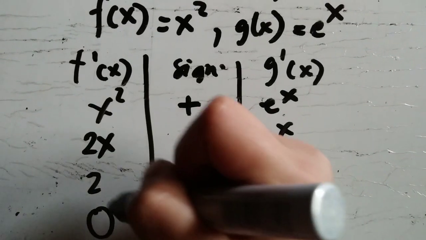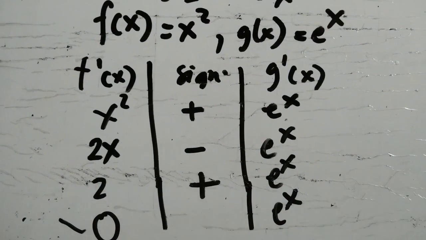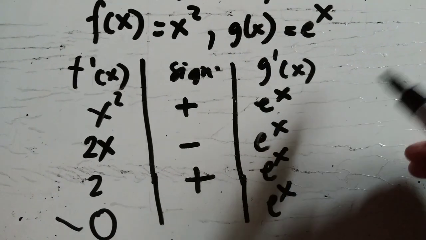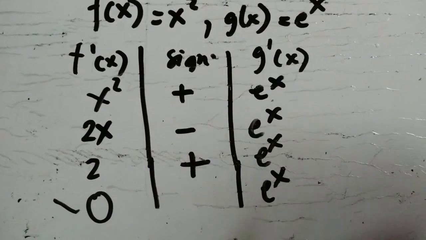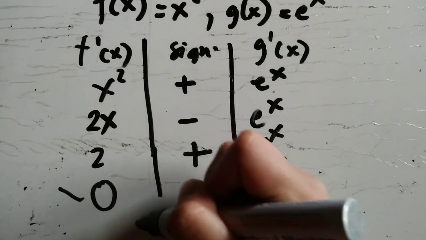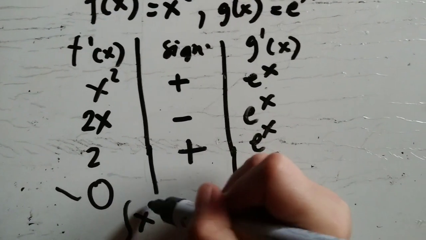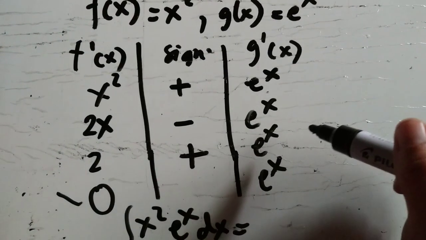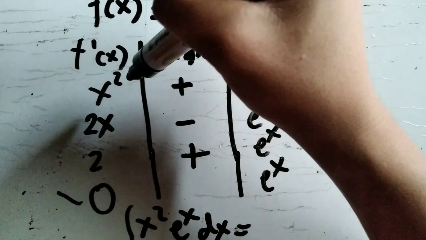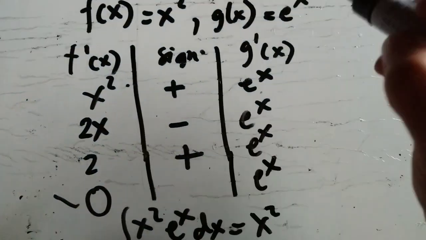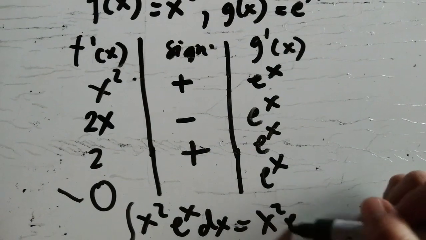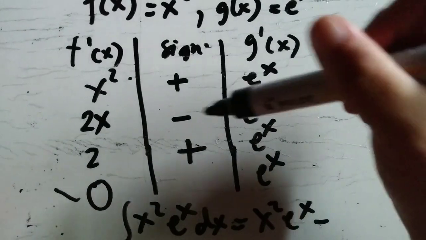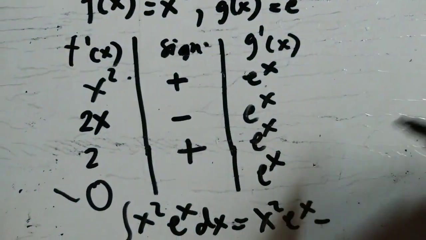Since we already get a derivative of 0, we can now write the answer. So the integral of x squared times e raised to x dx is equal to, first we write x squared times e raised to x, minus, copy the sign, then 2x.